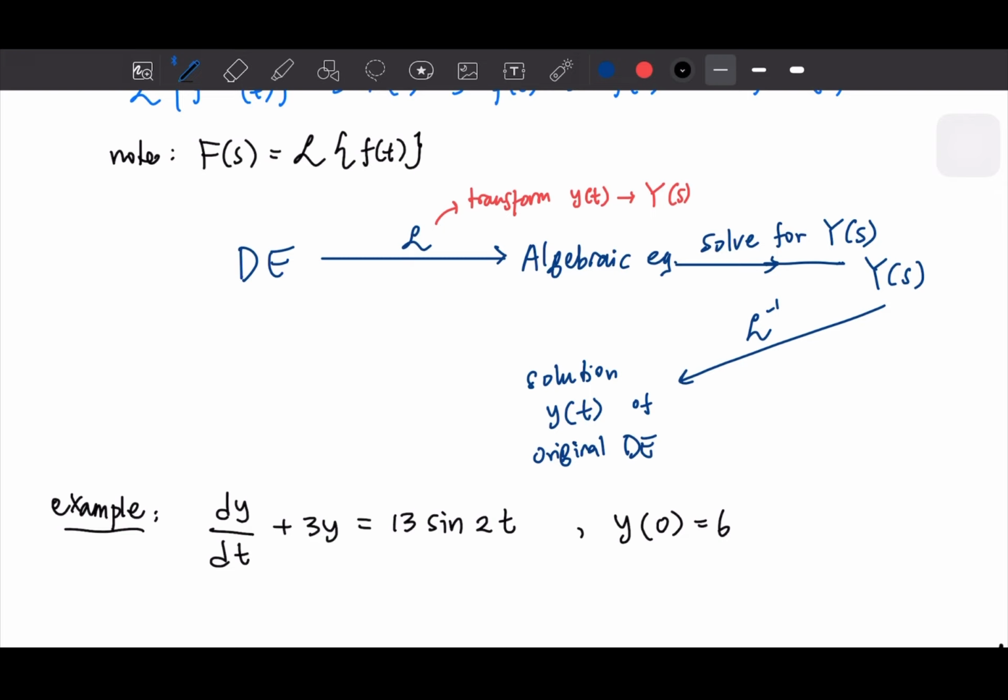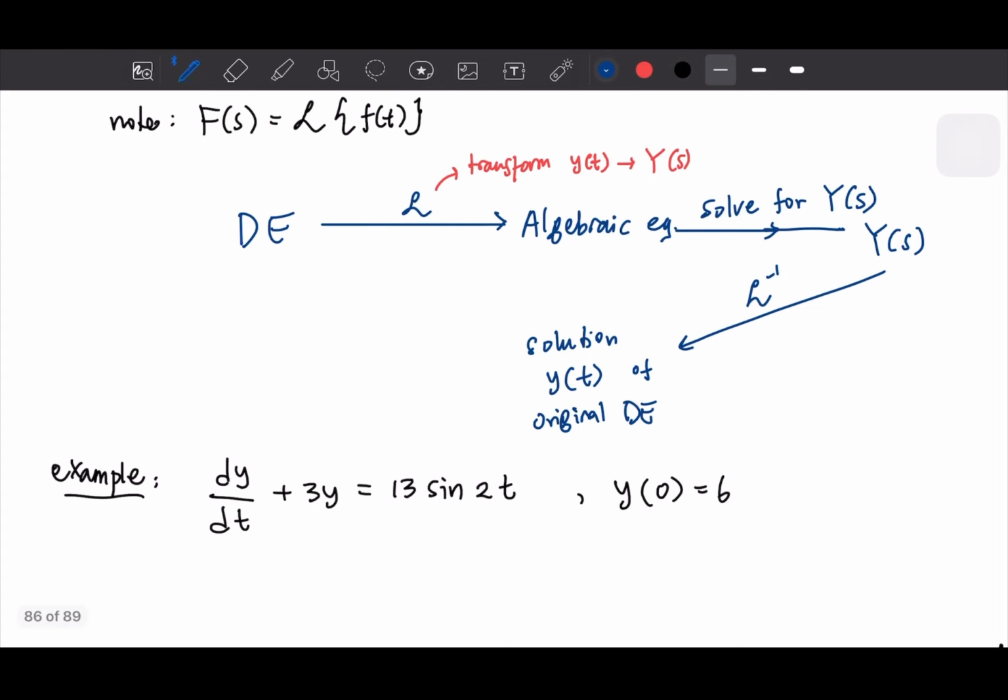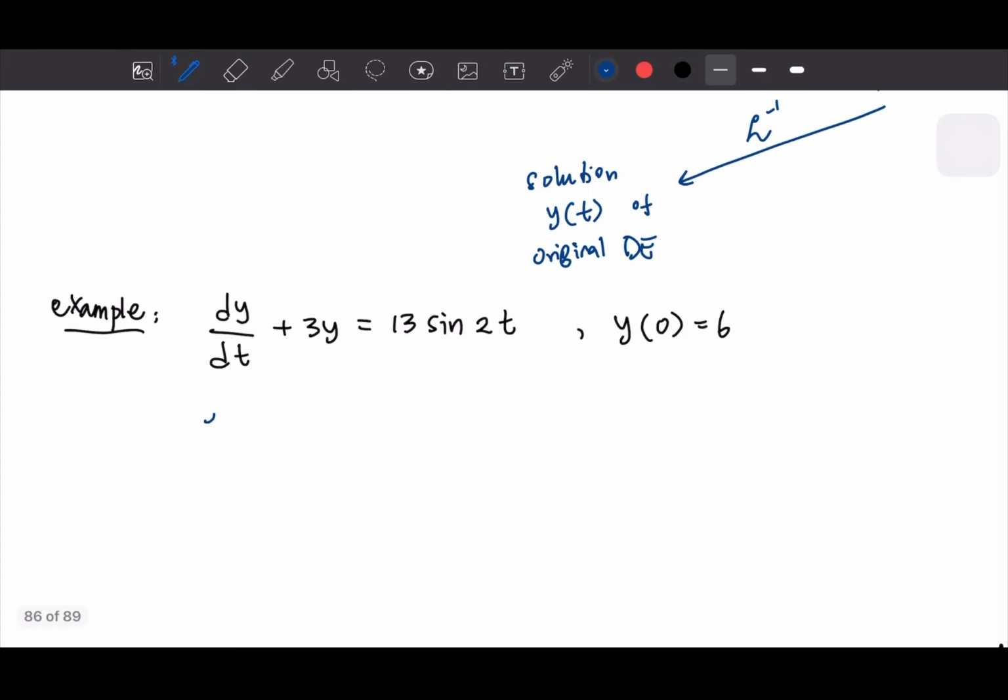We have already done all this basic Laplace, right? So we take the Laplace of all of this. So Laplace of y prime plus 3 Laplace of y, and then 13 Laplace of sine.